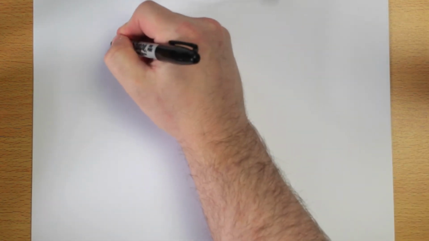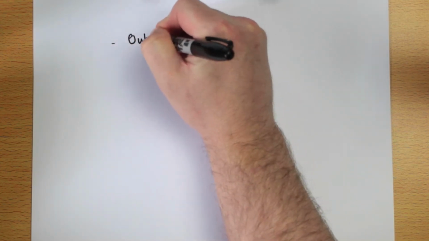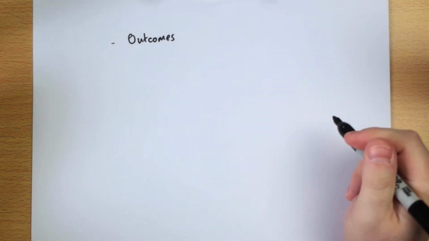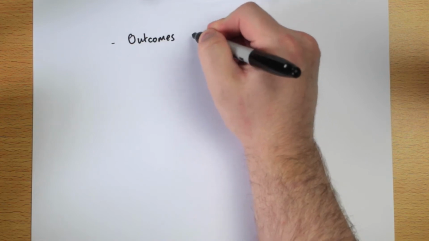Okay, so let's introduce the basic framework for utility theory without risk. So it's quite simple. We're going to assume that there is a set of what we'll call outcomes. And these are the things that the decision maker is interested in, the things he's going to enjoy or not.